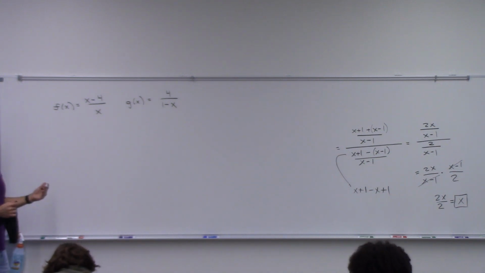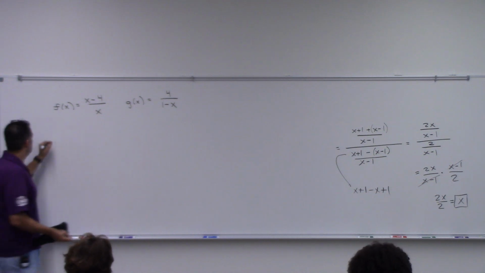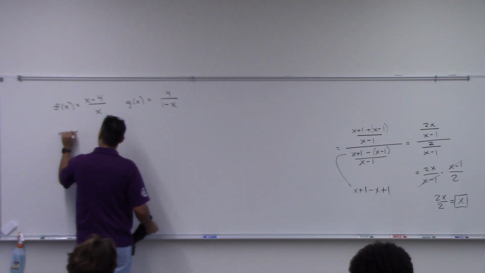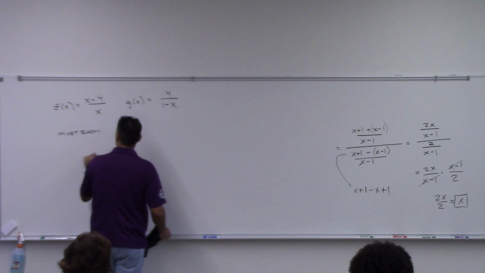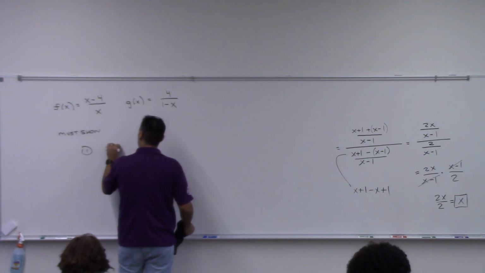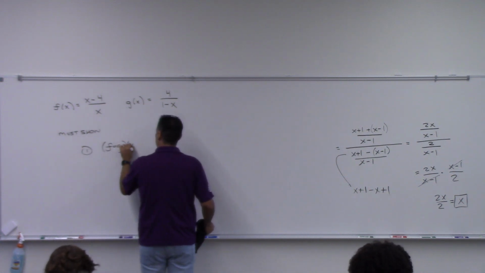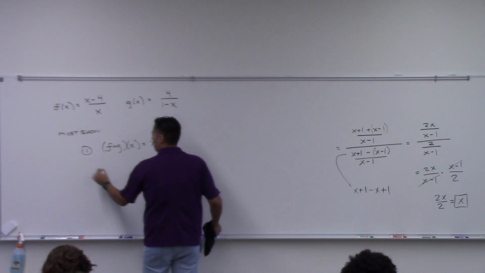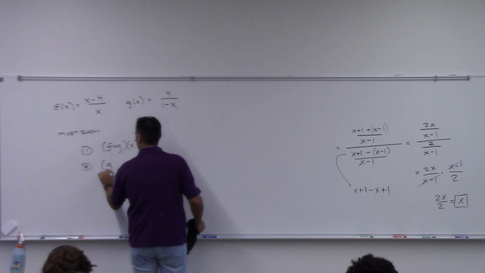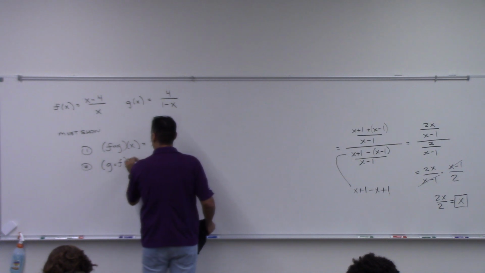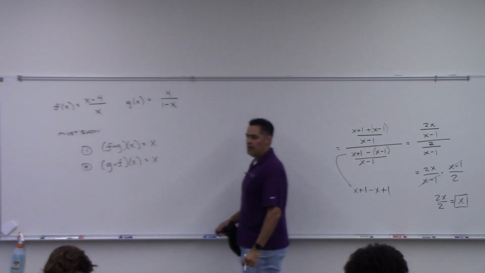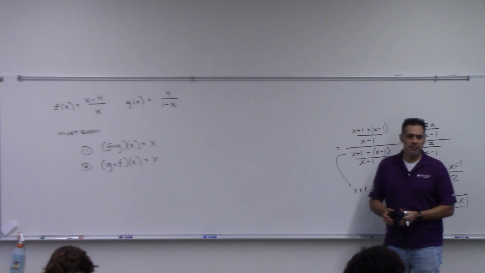The way you show inverses, you have to show two things. We must show, first, that when I do f of g of x, that I get x. The second thing I have to show is that when I reverse it and go g of f of x, I get x. Those are the two things that must be shown.